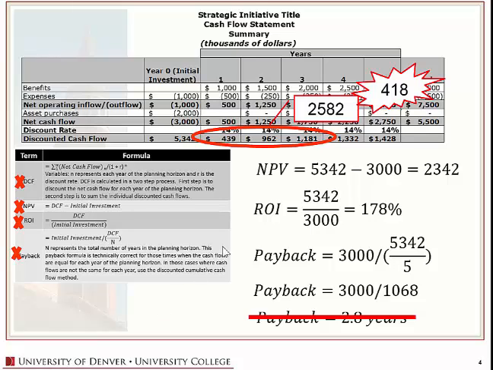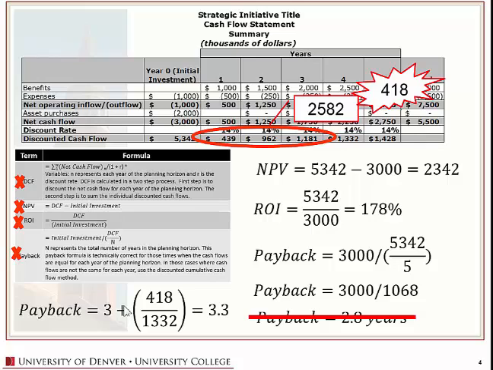So what we know is it's at least 3 years, so 1, 2, 3, plus whatever proportion $418,000 is of the year 4 cash flow of $1,332,000, and that works out to be a formula like this.